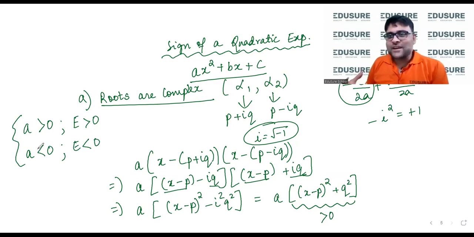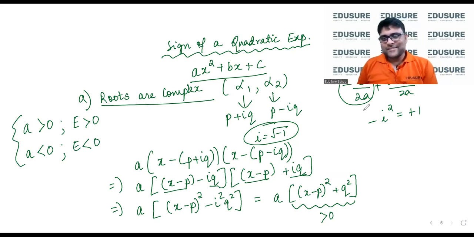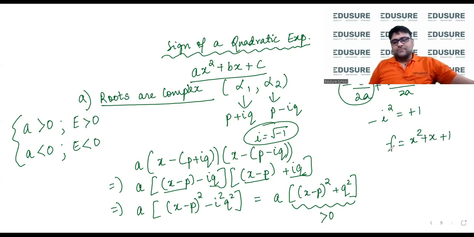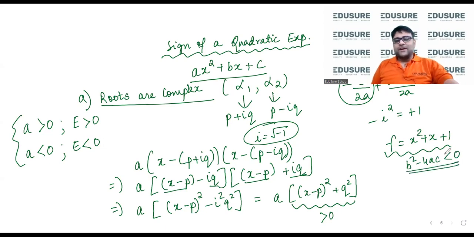So that is a very, very powerful result. The result being, if supposing I have f is equal to x square plus x plus 1, you can easily see that in this case, b square minus 4ac is negative. And if I know that b square minus 4ac is negative, the sign of this entire expression will depend on the sign of a.